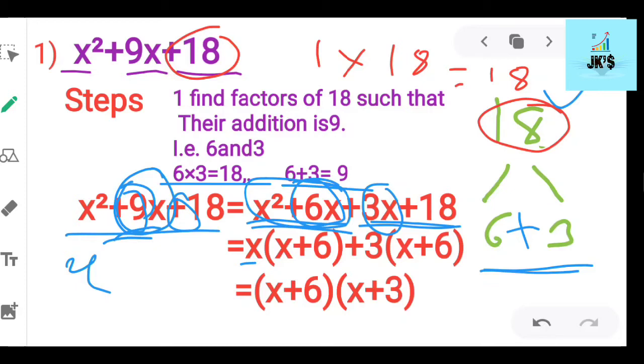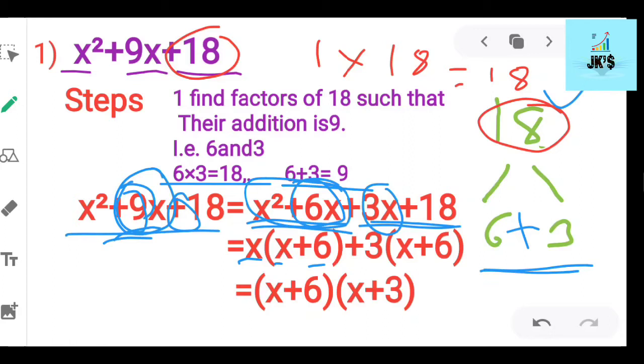X is taken as common, and what remains? X square means x into x, so one x is taken, x remains. In 6x, x is taken common, 6 remains. Similarly, in 3x plus 18, 3 into x, and 18 is 6 into 3.